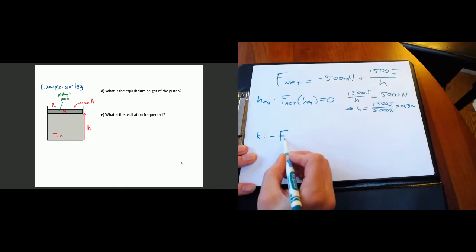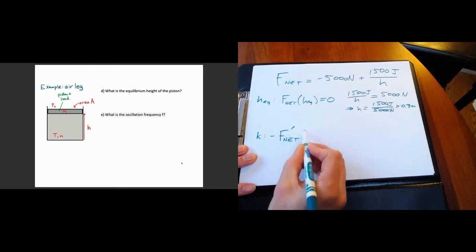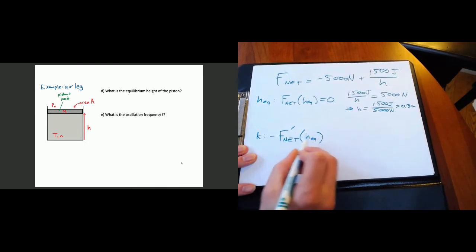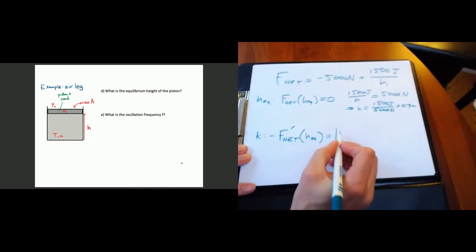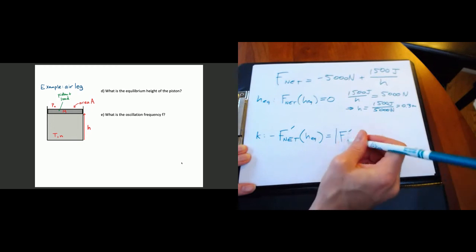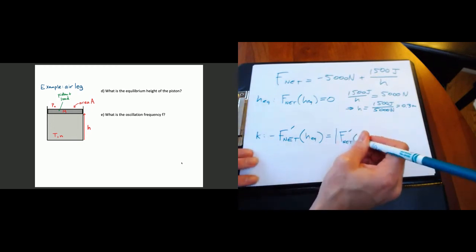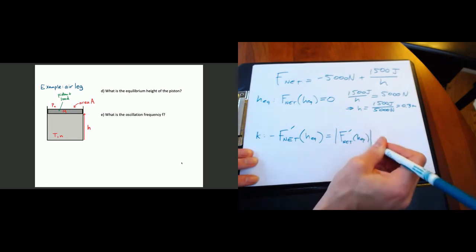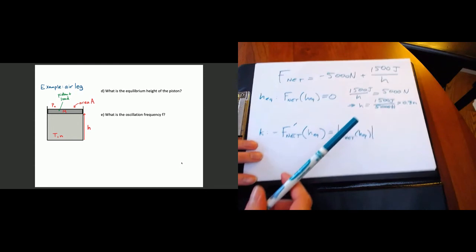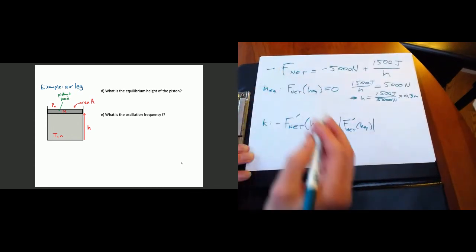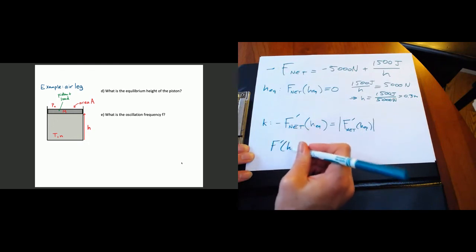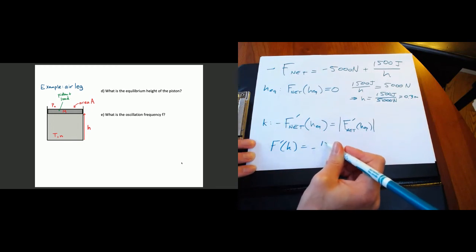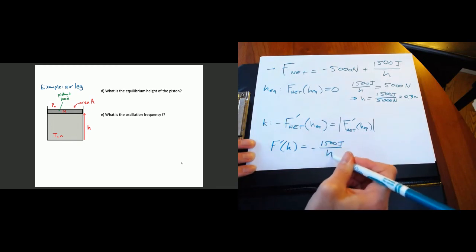So we can either say it's the derivative of our net force function evaluated at the equilibrium position, or equivalently, because this derivative is negative, we could also say it's just the absolute value of the derivative of F. And so we go back to our function F, we take the derivative, and so F prime of H is equal to minus 1,500 joules over H squared.